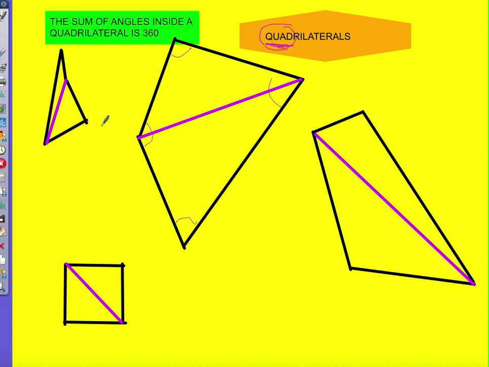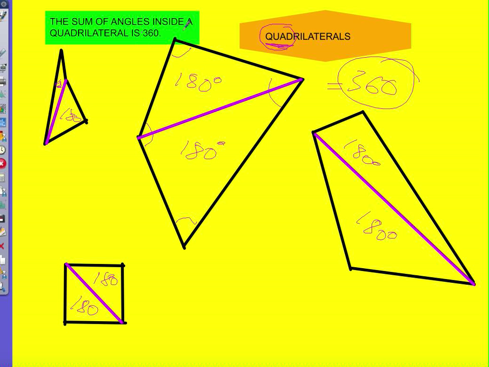We know that the interior angles of a triangle add up to 180 degrees. So if we combine those, the sum of angles inside a quadrilateral equals 360 degrees. If we know that, now we can actually do some math and figure out what's going on.